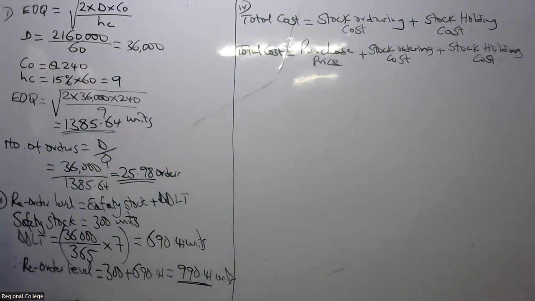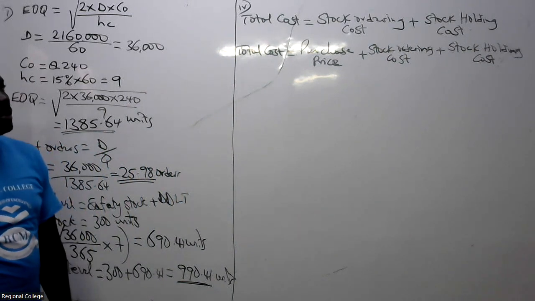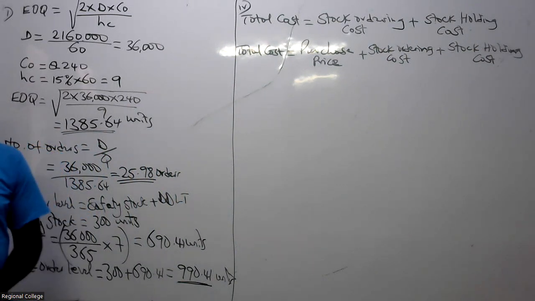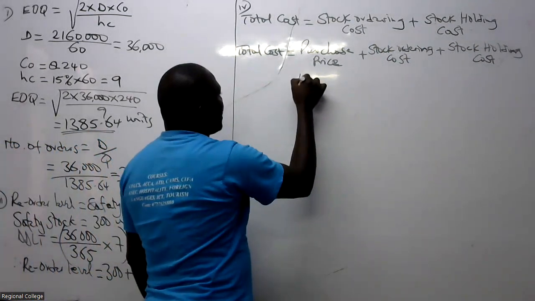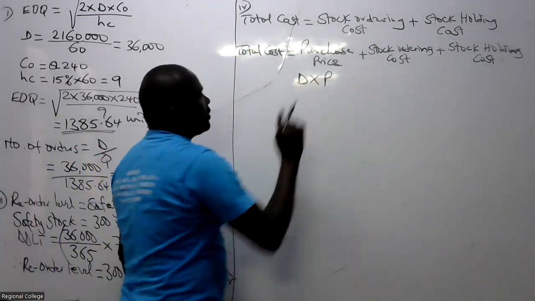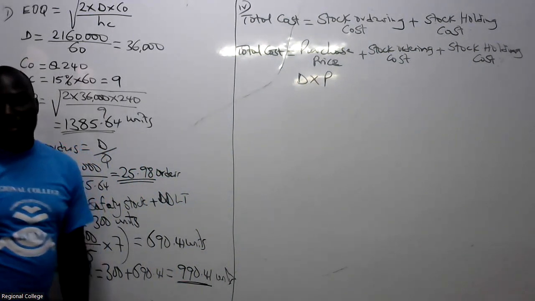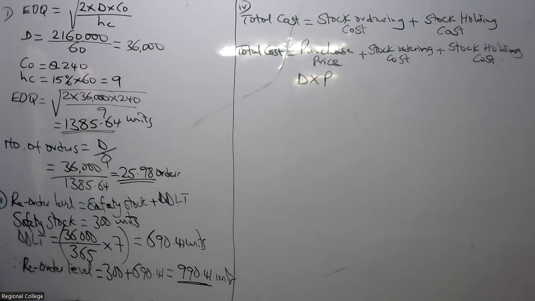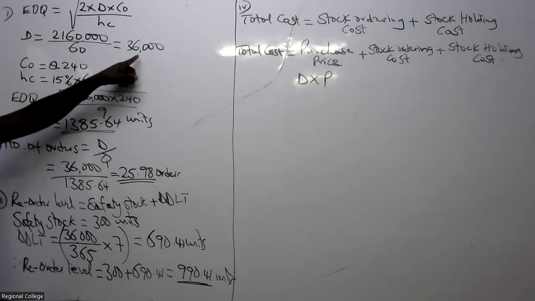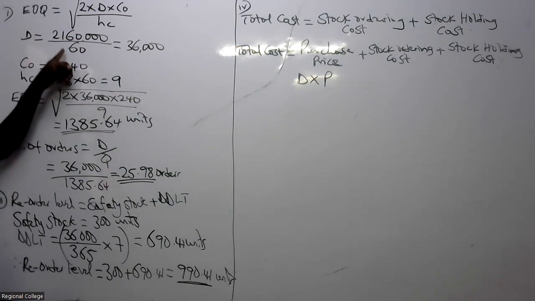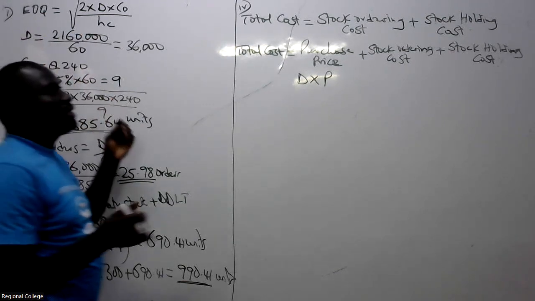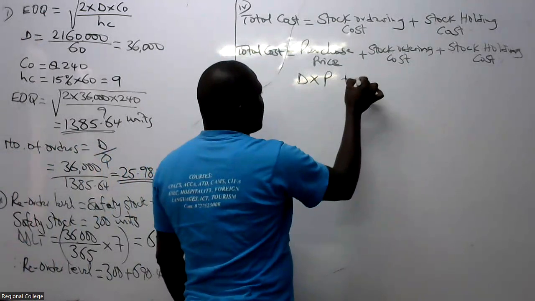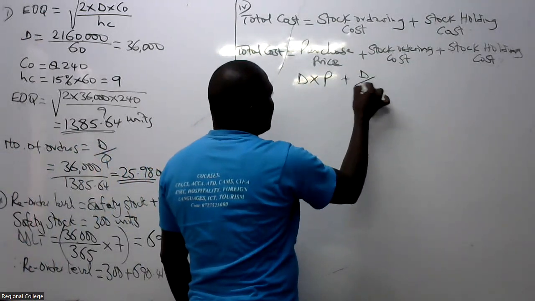We know that the purchase price is the annual demand times the price per unit. So that is our purchases. The annual demand of 36,000, we multiply by 6, we shall get 2160. The purchases. That is our purchase price plus stock ordering cost equals D over Q times what?